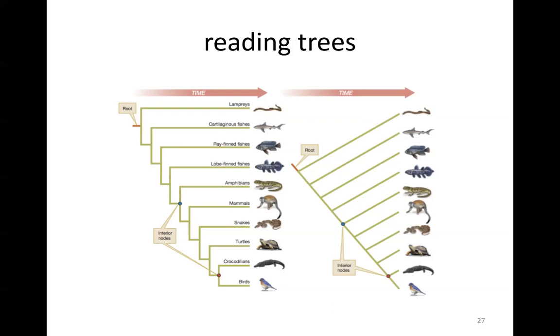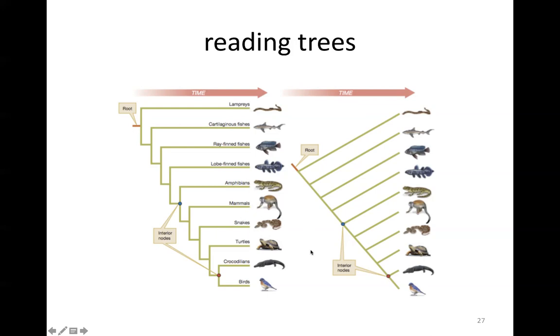However, for instance, if we take mammals and amphibians as a pair of species, then snakes would not be a useful outgroup, because snakes would be closer to mammals, as you see, than amphibians are. But if we're studying amphibians and mammals, we could still use lampreys, or we could use lobefin fishes as an outgroup for this pair.